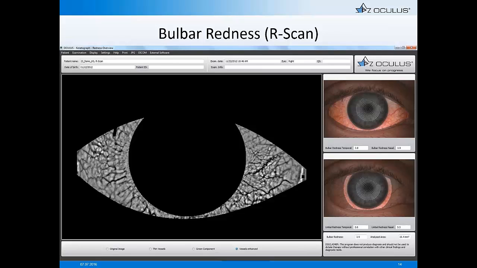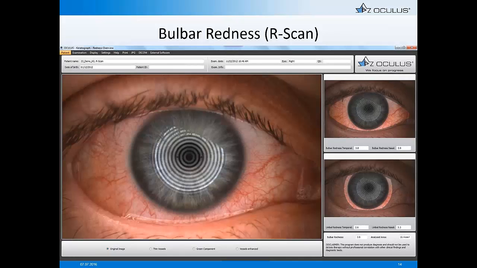So just to give you an idea of what's happening in the background here, we're actually using sort of a red-free filter in the software, and we're able to detect where the vessels are. We look at the conjunctiva to vessel ratio, and then we convert that into an empirical grading scale from 0 to 4.